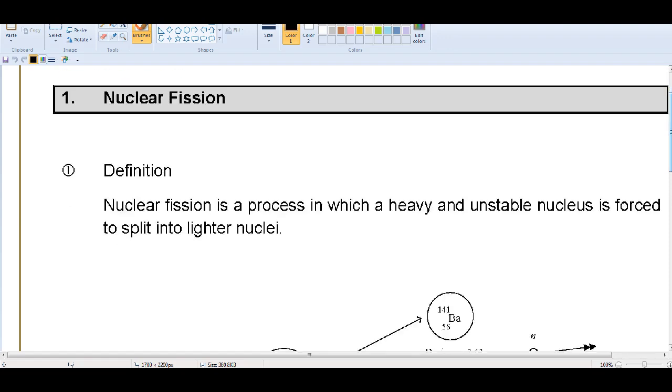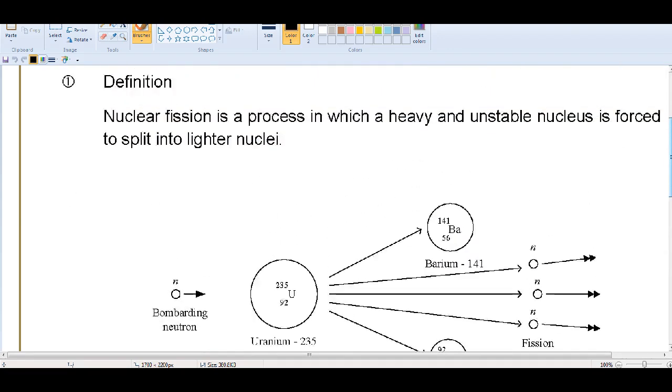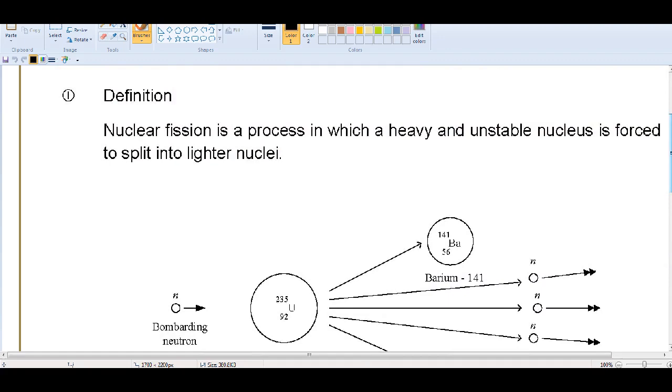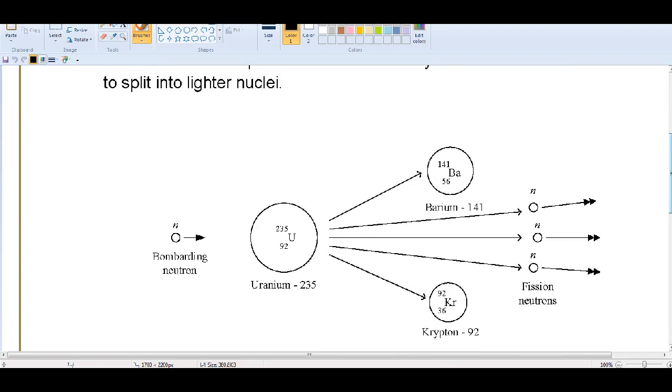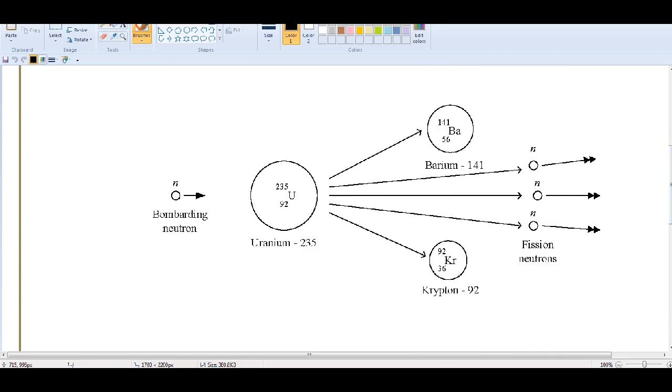Nuclear fission is, by definition, heavy and unstable nuclei forced to split into lighter nuclei. So let's see the figure. See that uranium-235, the mass number 235 means 235 nucleons.